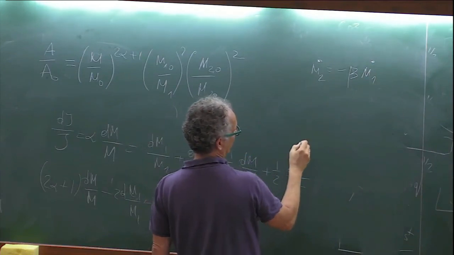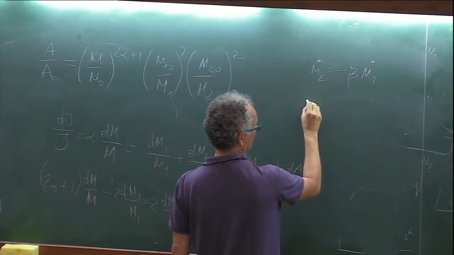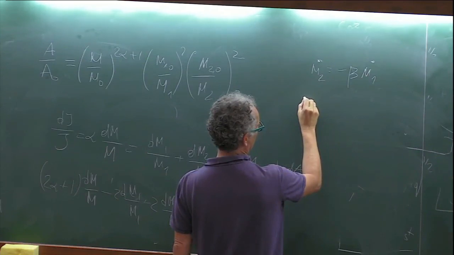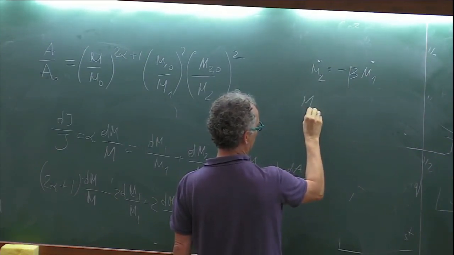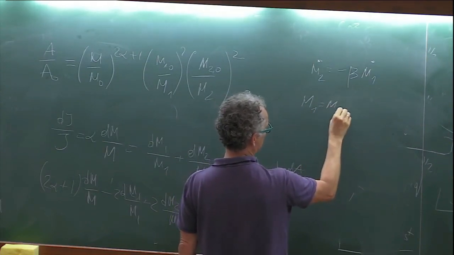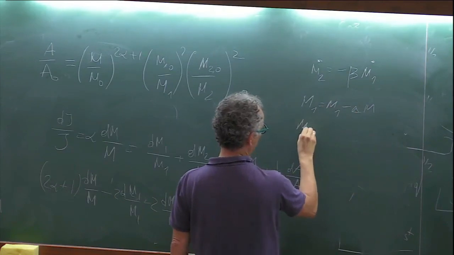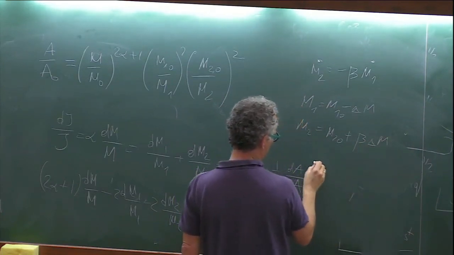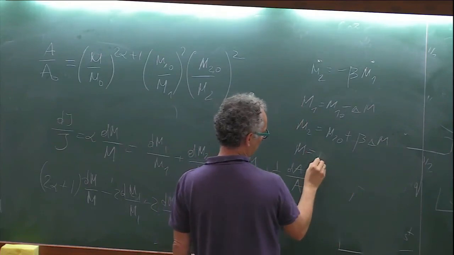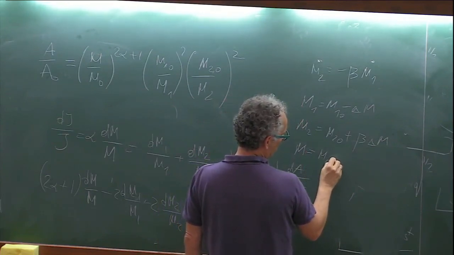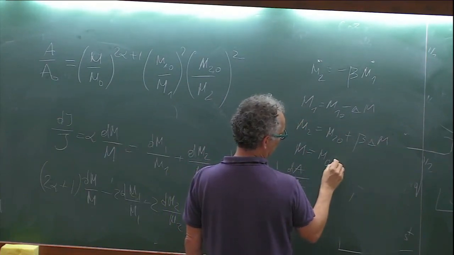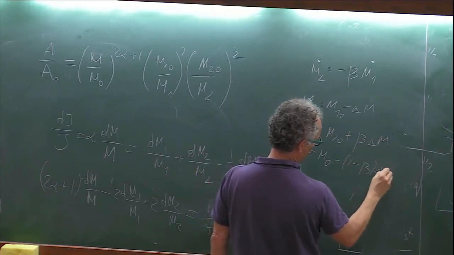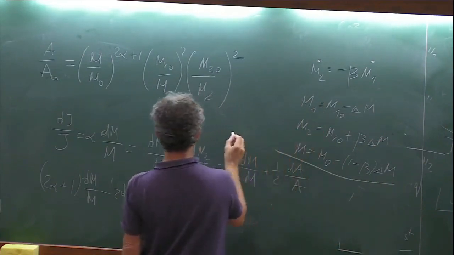So if M1 is M10 minus dM, then M2 is M20 plus beta dM, and M equals M0 minus (1 minus beta) dM. Yeah. So we have this.